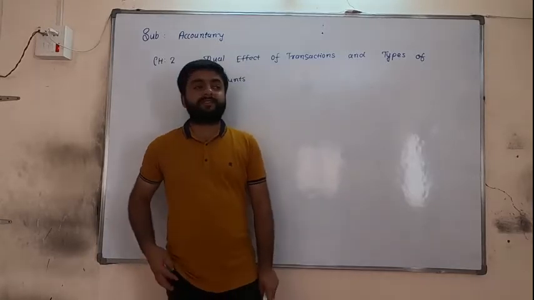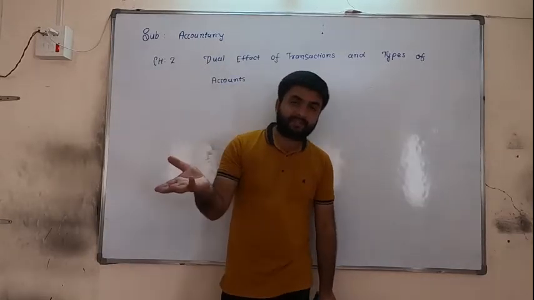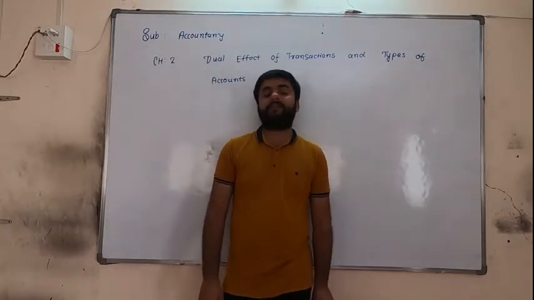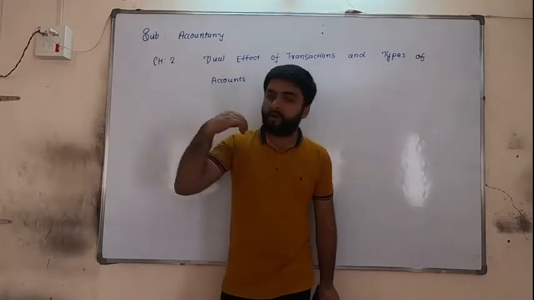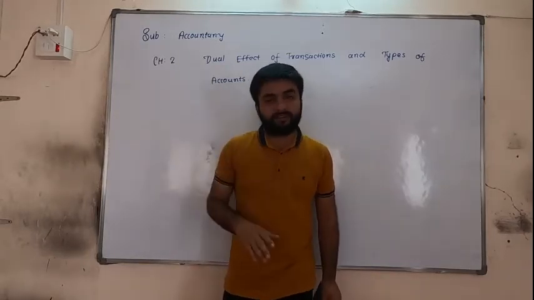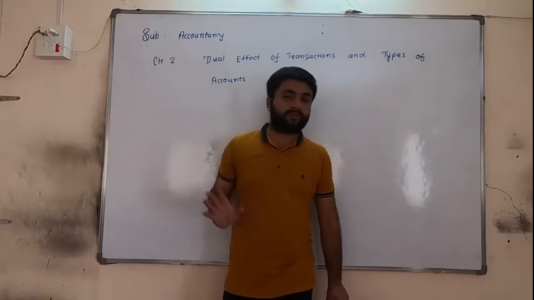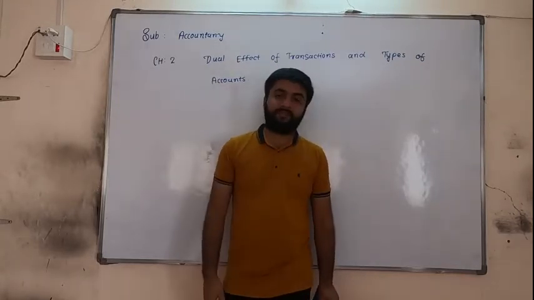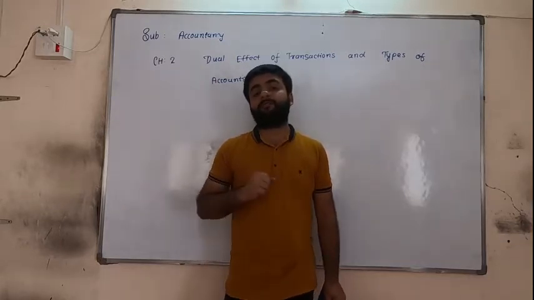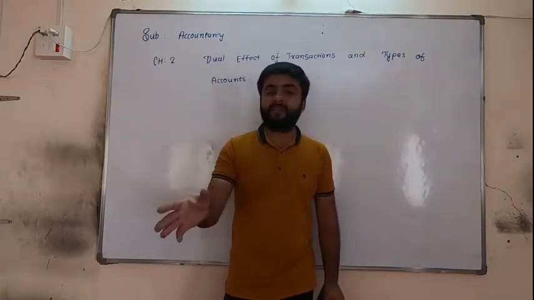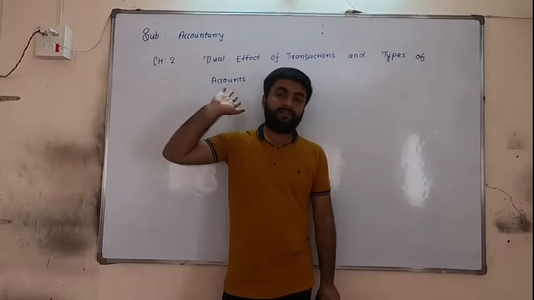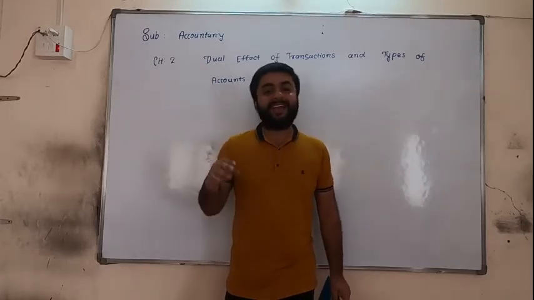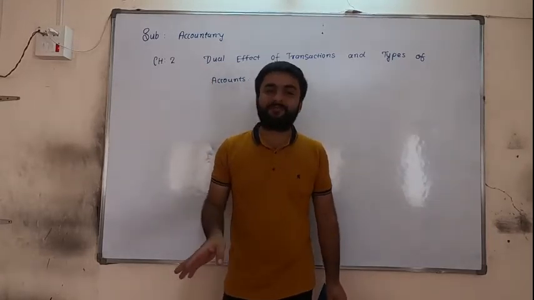What this special transaction means is that they are not cash transactions, they are not credit transactions. Which means we are not paying or receiving cash now or in future. One good example is goods lost through theft. If we have kept goods in our business, and some thief comes and steals them, then the thief is not paying us the cash and we are not receiving that cash in future also.